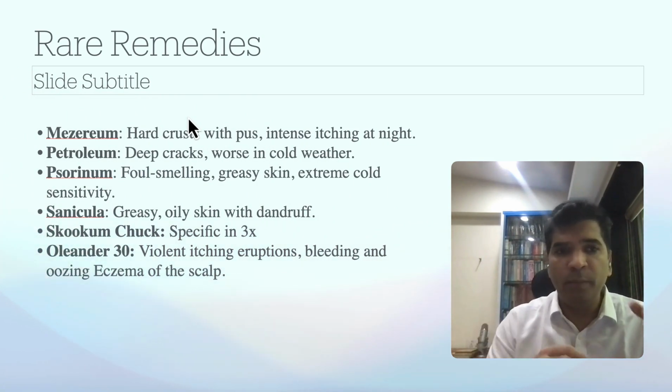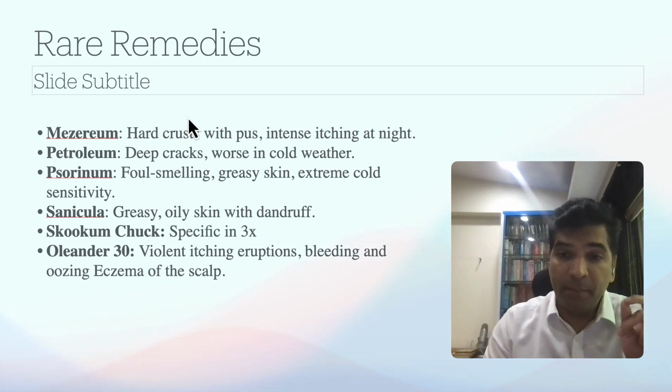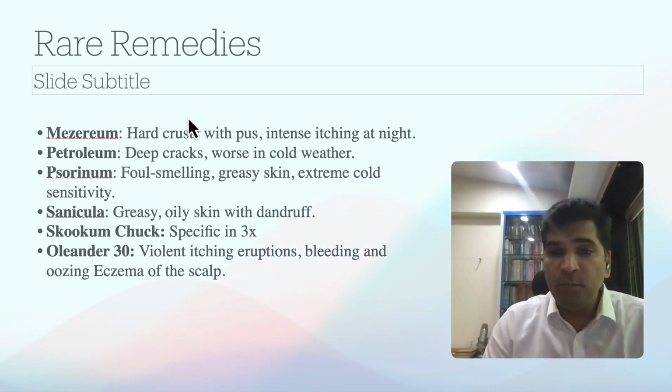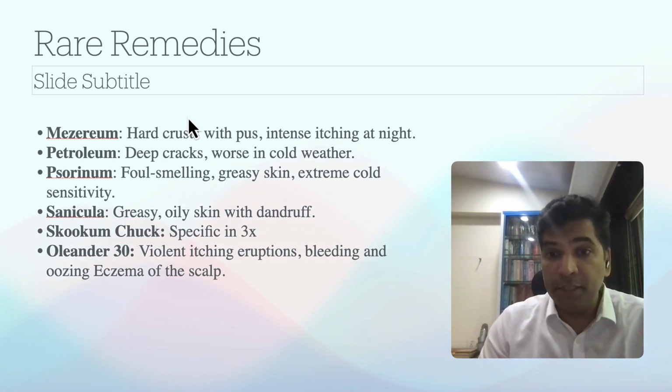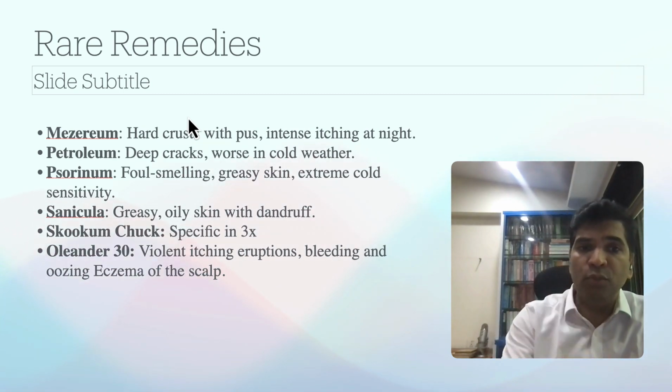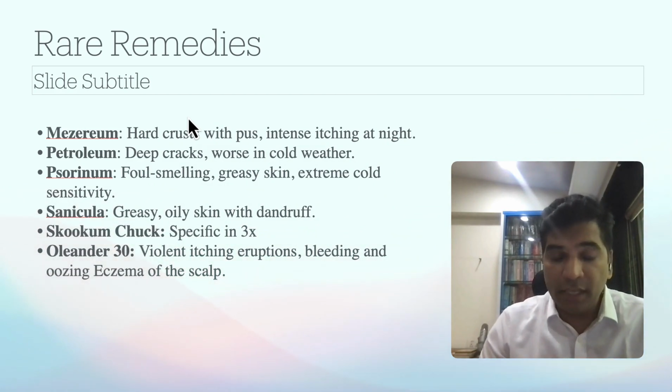And one or two medicines we prescribed are not helping. Okay, give this specific remedy in 3x. But I believe most of the doctors who practice skin conditions majorly, they keep Skookum Chuck and oleander 30 always with them because Skookum Chuck is very specific for all kinds of dermatitis, dandruff, atopic dermatitis.